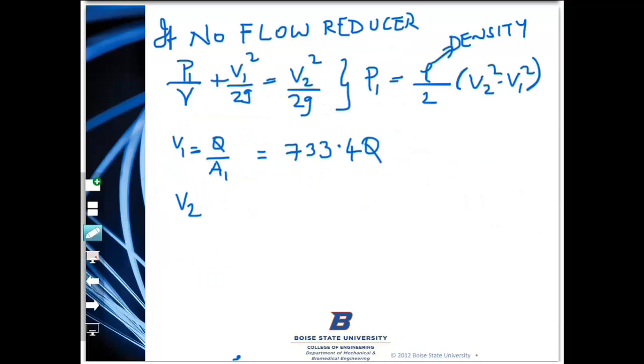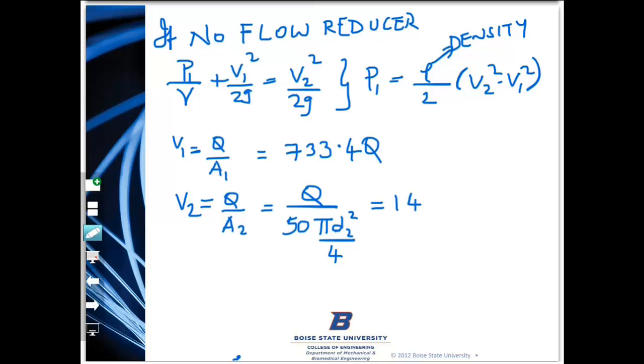Okay, so V2 will be equal to Q over A2. So if you simplify that, it will be Q over 50 times pi d2 square over 4, where d2 is 0.05 inches. So if you convert the units, you should get about that, which is twice of what you found earlier.